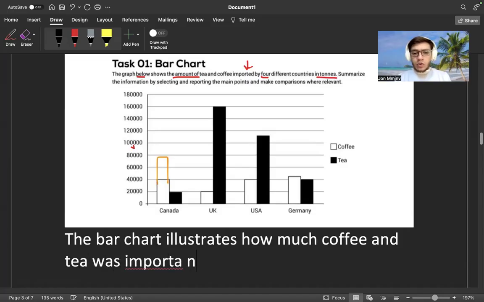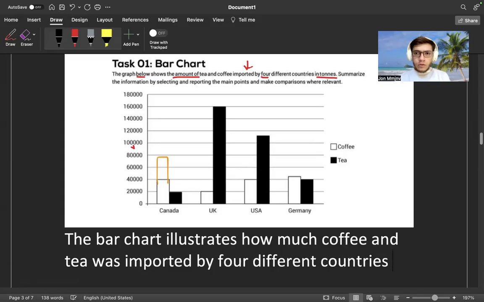I don't need to look for a synonym for the word imported because this is the most accurate word that I can use. And not to mention, your introduction is not even that significant. As long as you don't copy, you are fine. Imported by four different countries. That's it. That's enough.